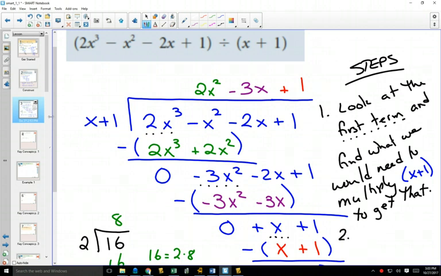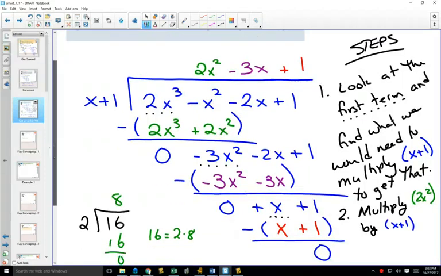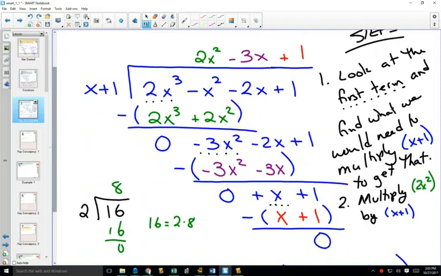Step 2, what did we do once we found that 2x squared? We multiply, and I'll write this in green because it changes each time. We multiply that 2x squared by our x plus 1, and subtract.